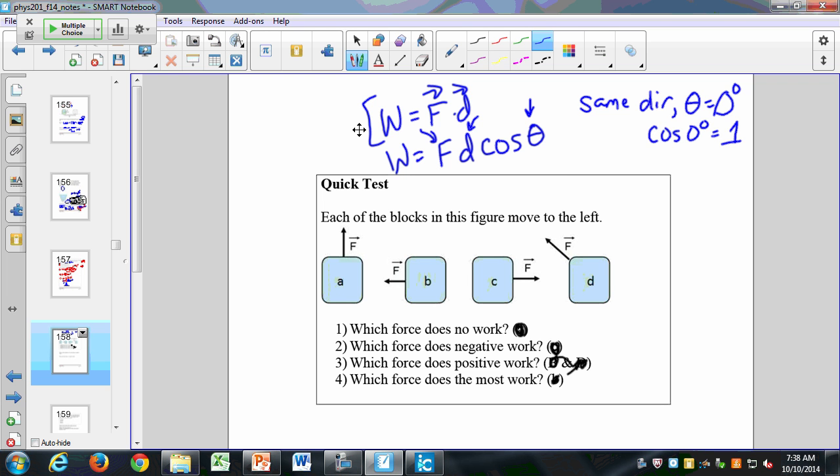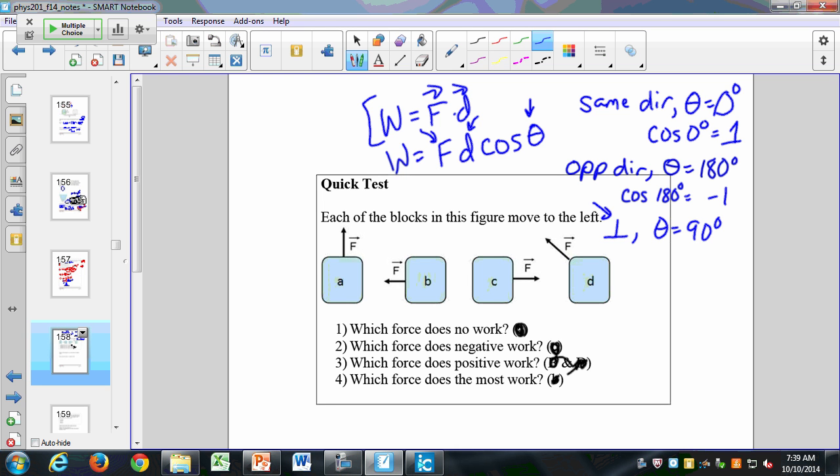All right, if they're in opposite directions, then theta is equal to what? 180. 180, right. So if they're in opposite directions, theta is 180, and the cosine of 180 is equal to what? It's -1, right. And if they're perpendicular, that means that theta is equal to 90 degrees.